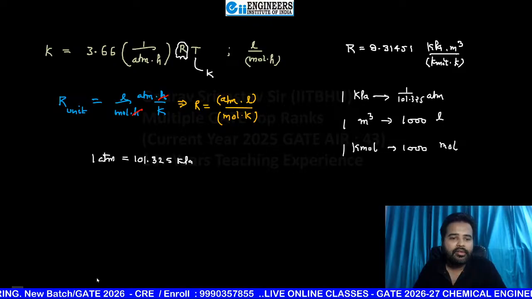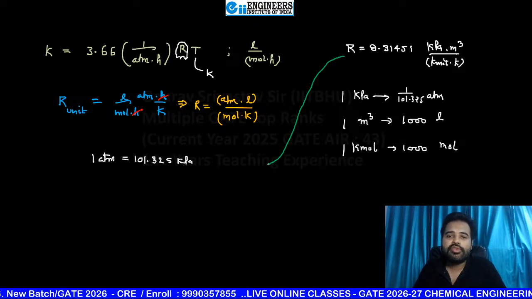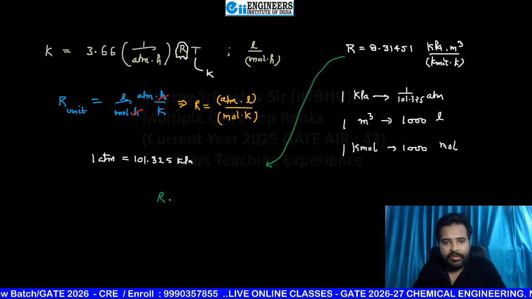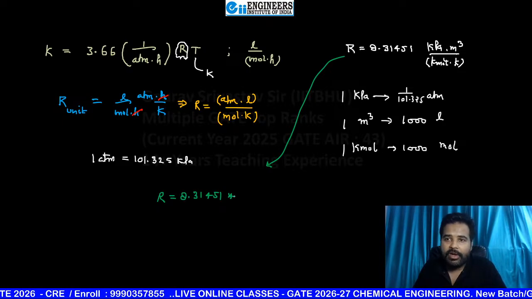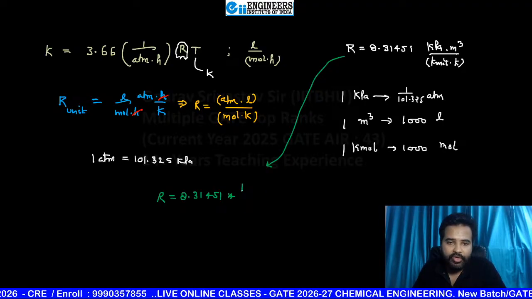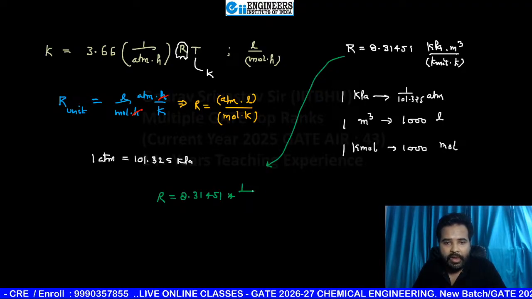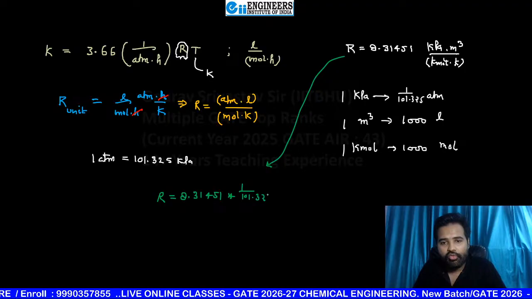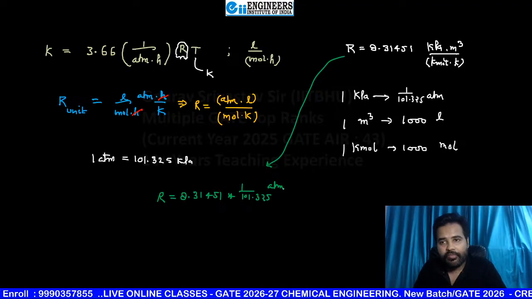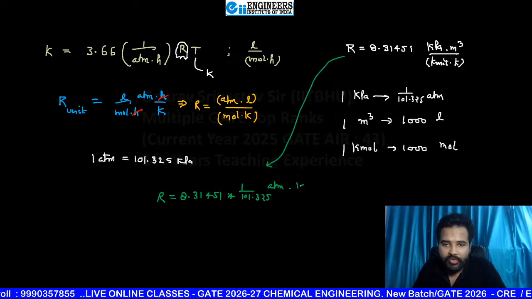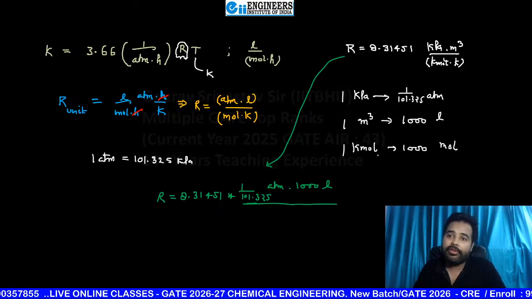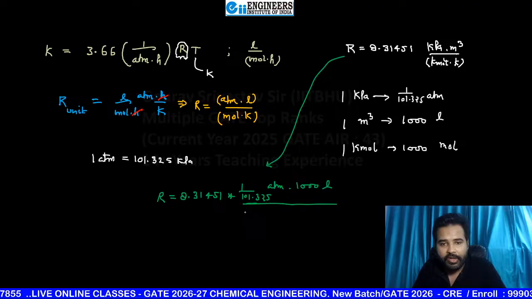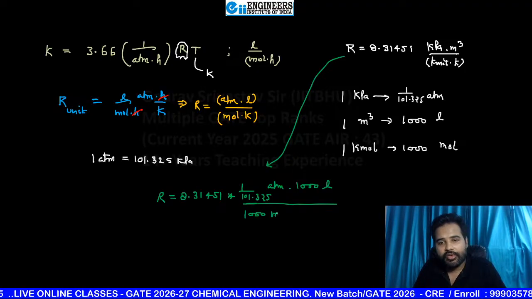Now, how to get the final value? Just see, R is equal to, first write the numerical value that you already have, 8.31451. Now multiply with, in place of kilopascal, my dear students, you can write 1 upon 101.325 atm. In place of meter cube, you can write 1000 liter, and whole upon, in place of kilomole, you can write 1000 mole.